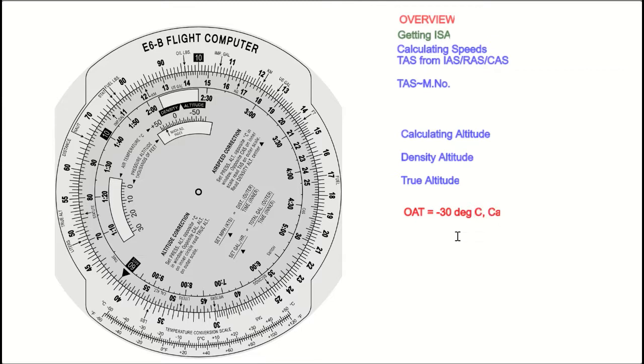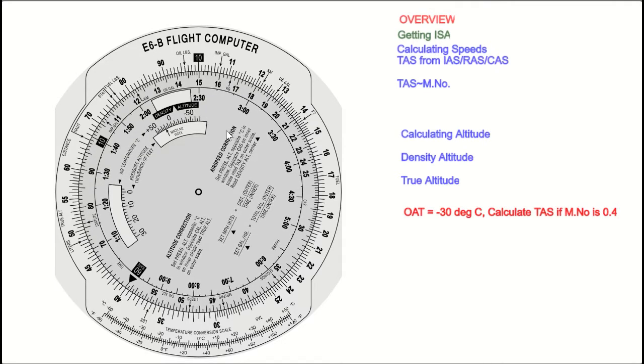Calculate TAS if Mach number is 0.5. Okay, 0.5 is pretty high, so let's make it 0.4. Mach number is 0.4, OAT is minus 30 degrees Celsius. Calculate the TAS. So first I'll set up my window.